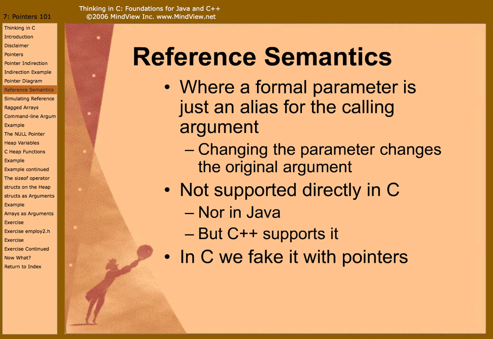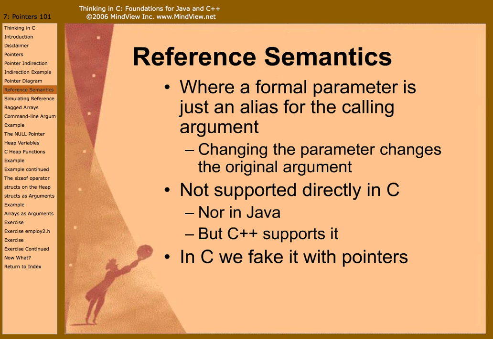Since we have a way now of indirectly getting at another memory location through a pointer, what we can do now is simulate what we call reference semantics. Recall that all functions in C pass their arguments by value. That means a copy is made, and so if you make any changes to that formal parameter value in a function, it makes no difference whatsoever on the original argument because a copy was sent to the function.